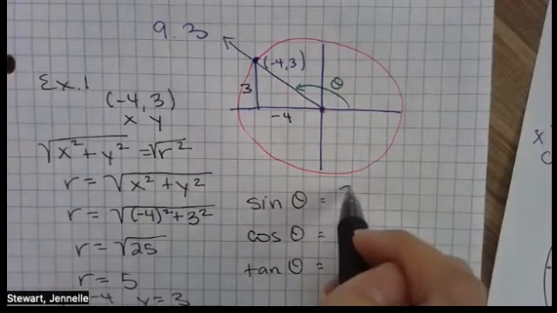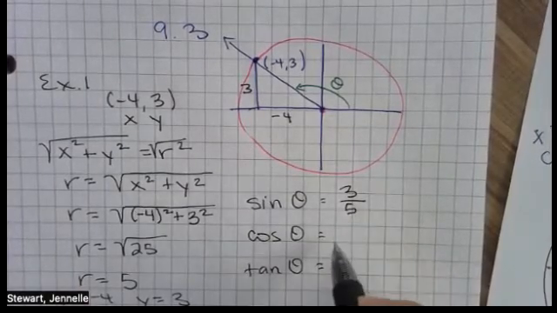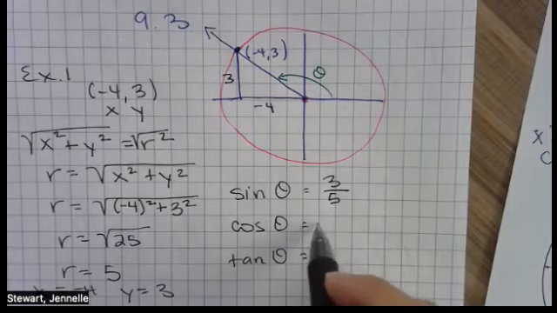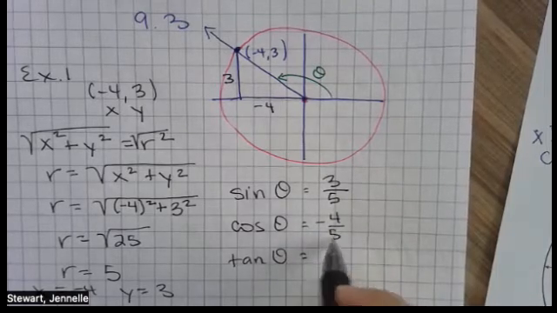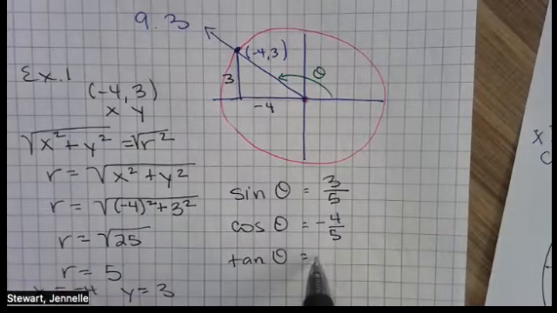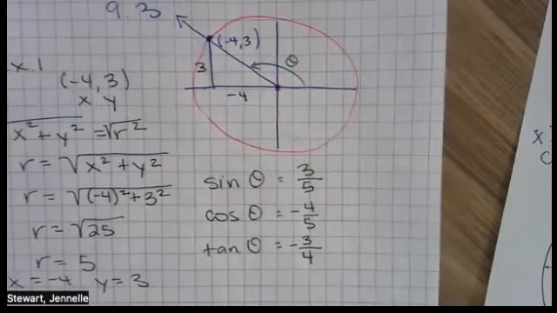So y over r, which is going to be 3 over 5. Okay, good. Cosine of theta is going to be negative 4 over 5. Tangent is going to be y over x, right? So negative 3 over 4.